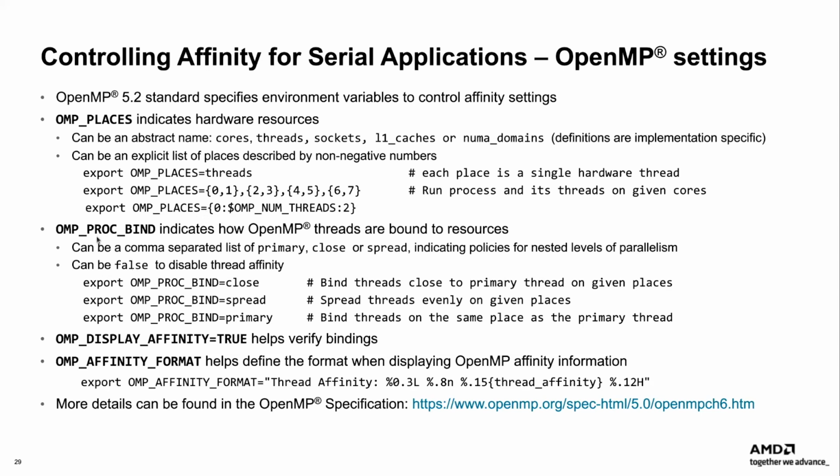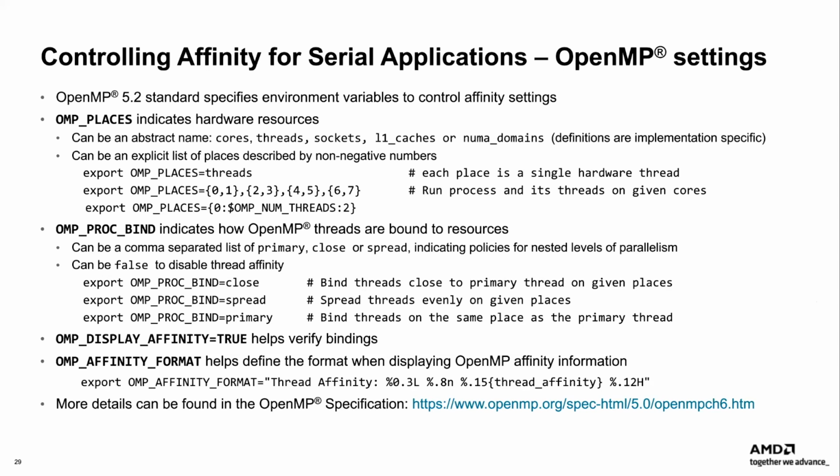And OMP_PROC_BIND indicates how the different threads of a given process are bound. So there are 3 options. One is close. It binds threads close to the primary thread. The other one is spread. Now, if you have multiple cores that we can schedule on, spread those threads evenly on the given places.